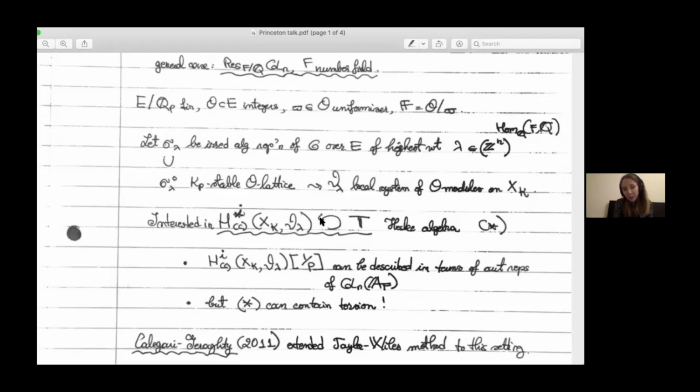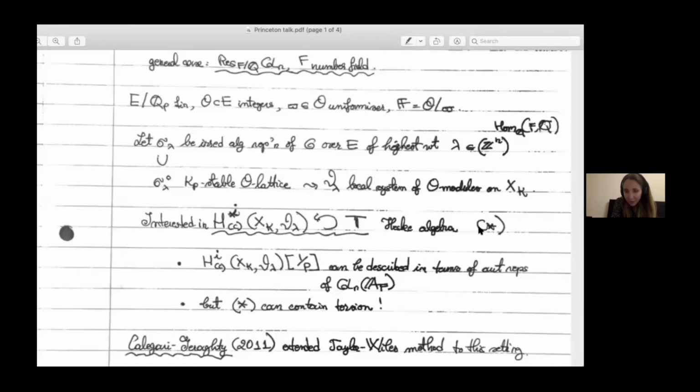And ultimately what you're interested in understanding are systems of eigenvalues for this Hecke algebra that can occur in these cohomology groups. So I'm going to denote by star any sort of this object together with the Hecke action.